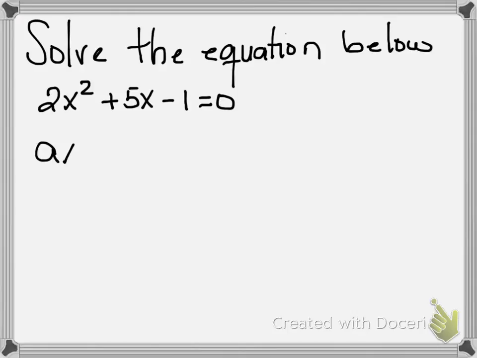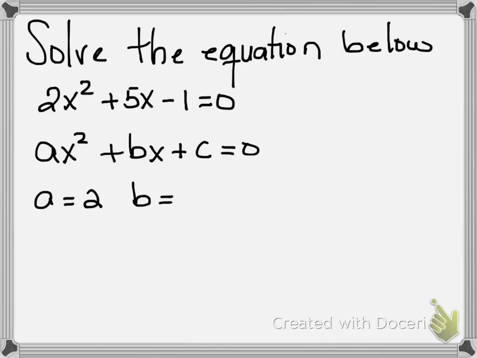The general form as we know it is ax squared plus bx plus c equals 0. What we try to do is identify the a, the b, and the c. Given that the two equations are aligned, we should notice that a is 2, b is 5, and c is -1.